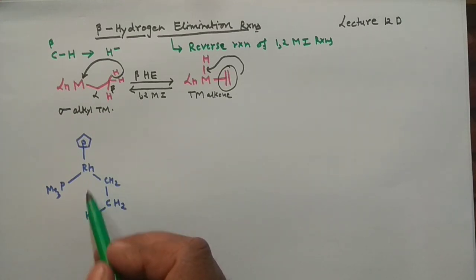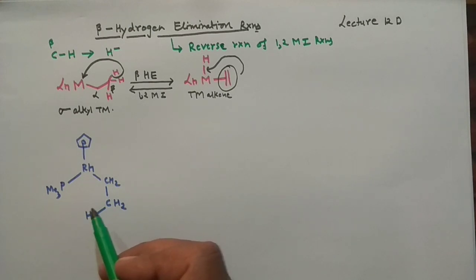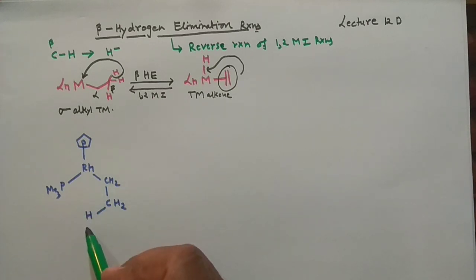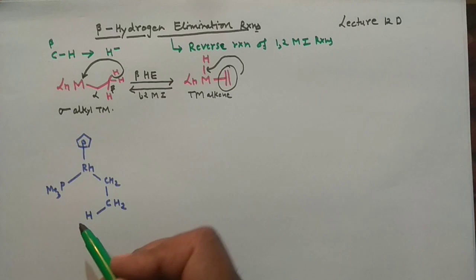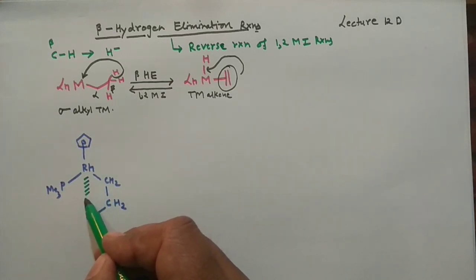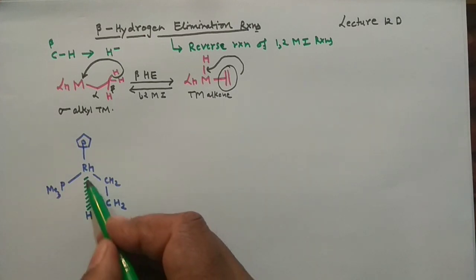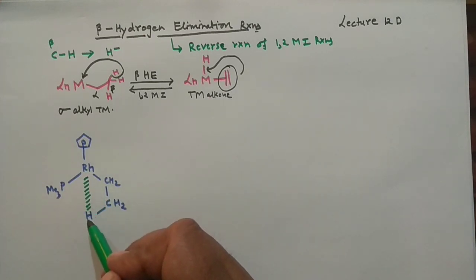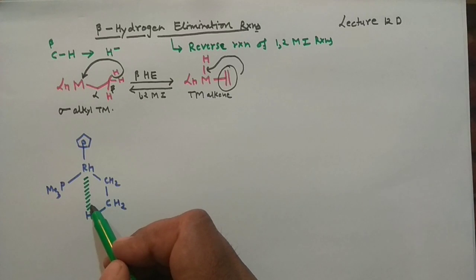Only then would your beta hydrogen elimination occur. So this relationship is very, very important, right? Because the key for the beta hydrogen elimination reaction is the agostic interaction, and agostic interactions are only possible when the metal and beta hydrogen have the cis relationship. So what happens here? You see this rhodium and hydrogen undergo the agostic interaction. When I draw this kind of structure to show the bonding, this means the agostic interaction, right?